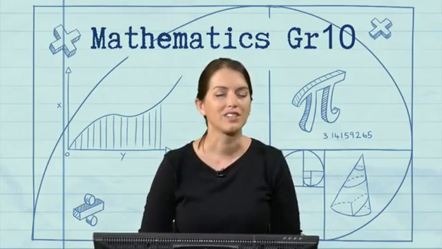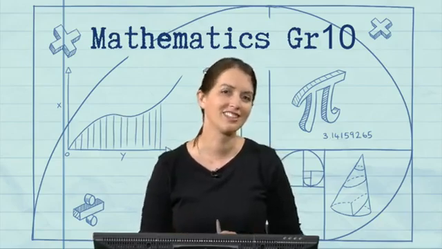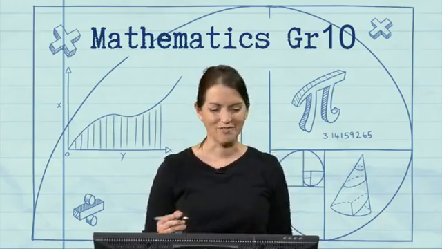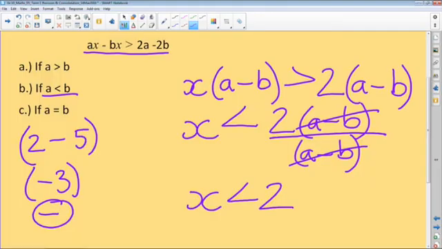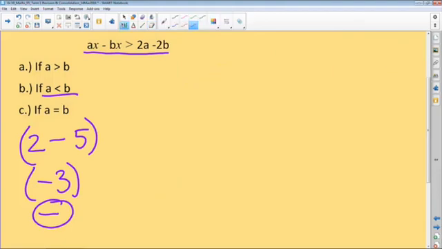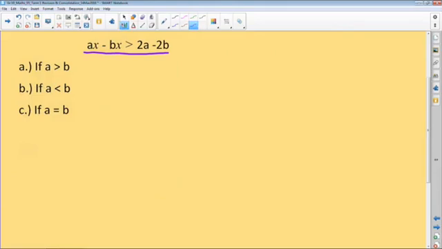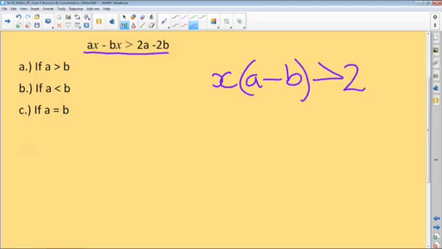Okay, the last one was quite interesting. And you're going to look at the answer and go, really? So let's take a look. Firstly, let's get rid of all of this mess, and this mess as well. Okay, and I'm going to rewrite it as x, a minus b greater than 2a minus b.